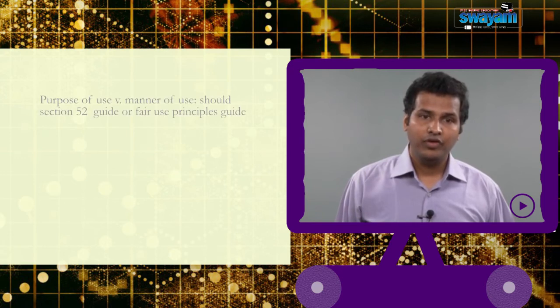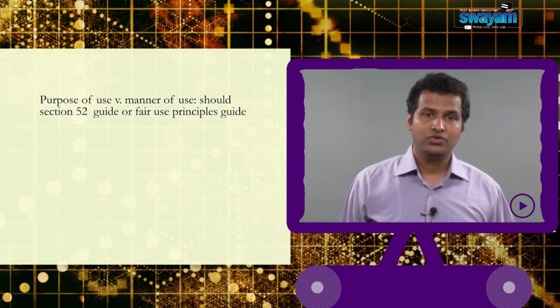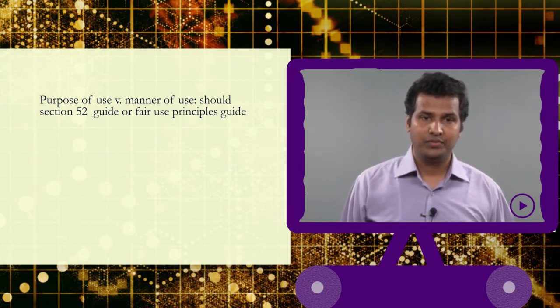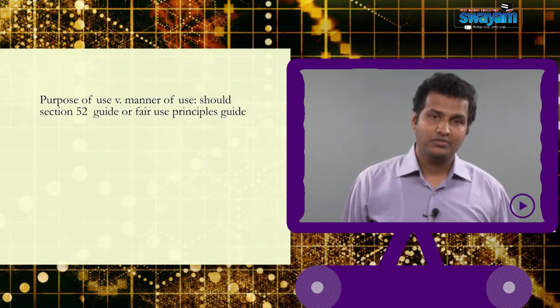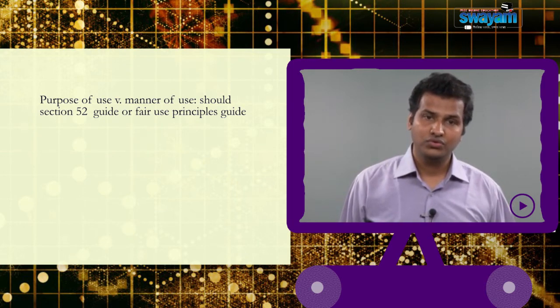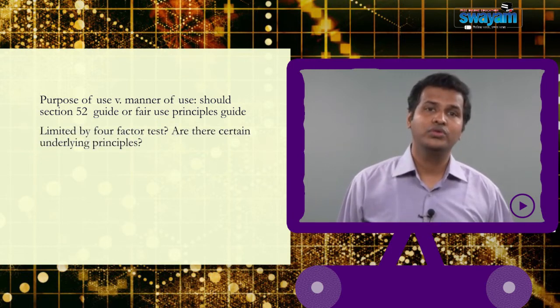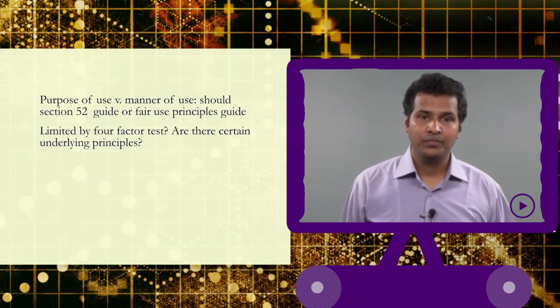If the purpose of use is clearly established under section 52, should manner of use be determined by virtue of those principles? And should we, by virtue of the principles laid down in Oxford University Press versus Narendra Publishing House, be bound by only the 4-factor test, or should we also look into other principles that you might encounter in scoping fair use?